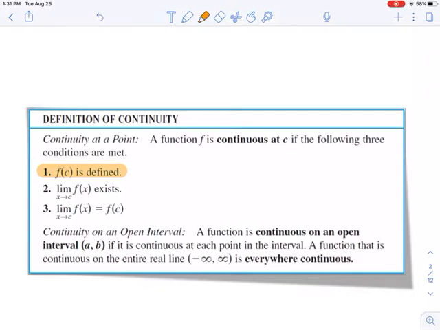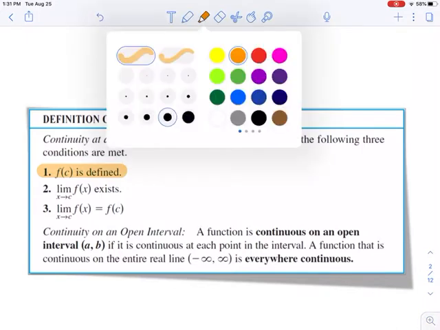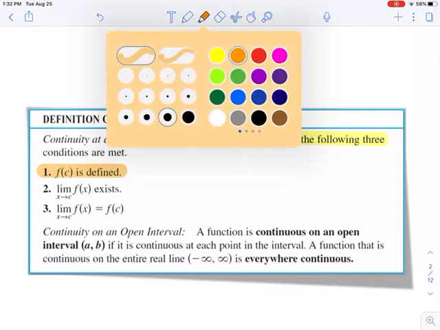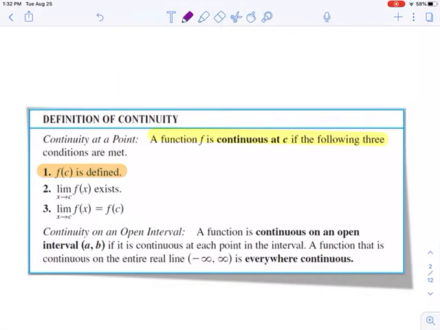So here is the definition of continuity, and this is really important. You need to make sure that you write these 3 things down. Number 1, f of c is defined. What we're talking about here is a function being continuous at c.